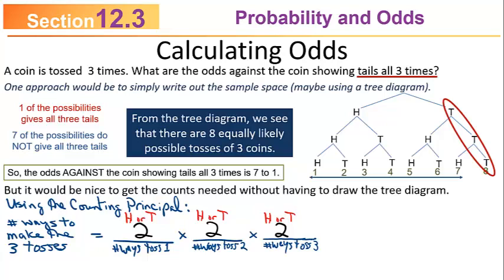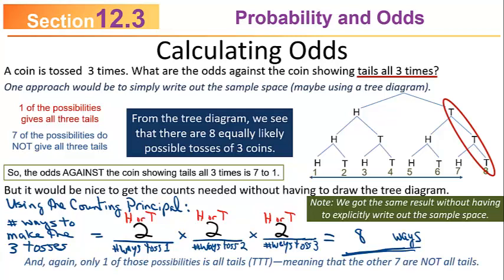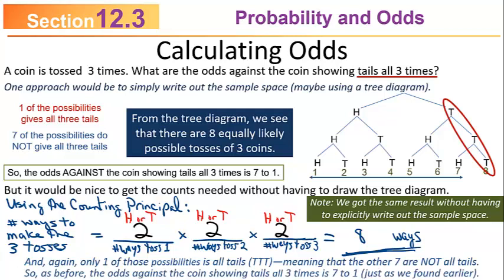So by the counting principle, the number of ways to make the 3 tosses is 2 times 2 times 2, which is 8. So there are 8 total ways, and you can see from that tree diagram that's exactly the same result we got. But the point is, I did not have to draw the tree diagram to get that result. And again, just as I did it earlier, only one of those possibilities is tail, tail, tail. The other 7 aren't, so you get the same result, that the odds against having all 3 tails is 7 to 1.